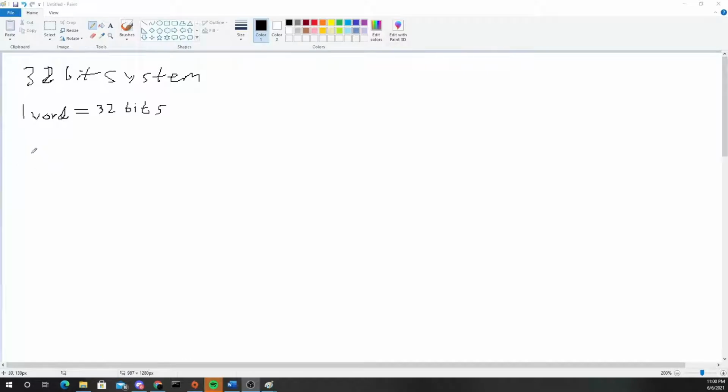Likewise, on a 64-bit system, it would probably equal 64 bits. One word would equal 64 bits. And so again, binary, bits, bytes, this is all how computers basically store and represent data and instructions that it needs while a particular program is running. It basically stores all of these ones and zeros, and these ones and zeros it then translates to information it can actually use while the program is running.